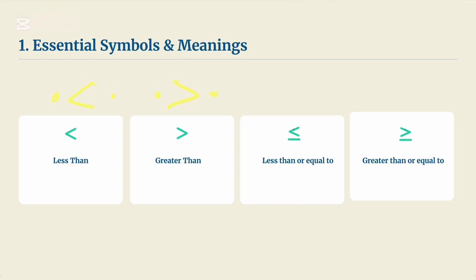When it is less than or equal to, it is shown with the inequality sign and a line beneath it: the number on the left hand side is less than or equal to the number on the right hand side. Same with this side, greater than or equal to: the number on the left hand side is greater than or equal to the number on the right hand side.